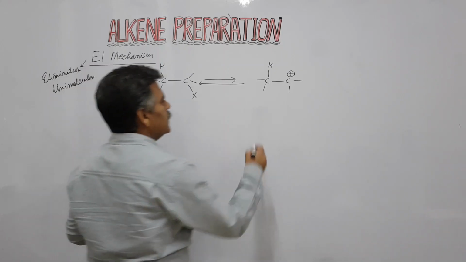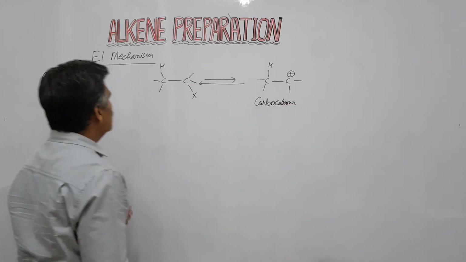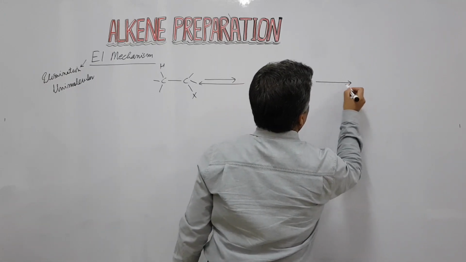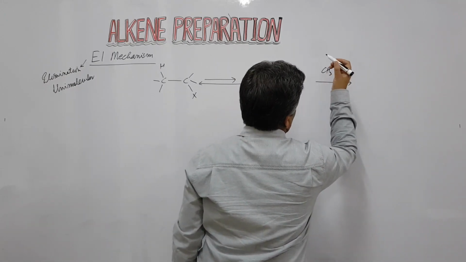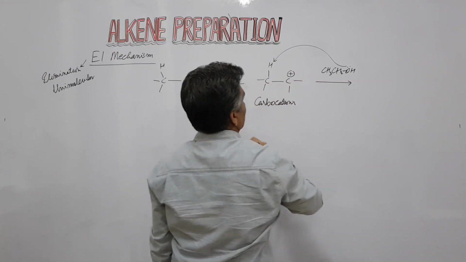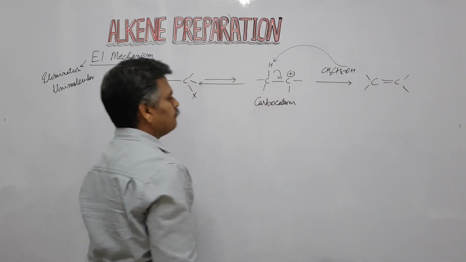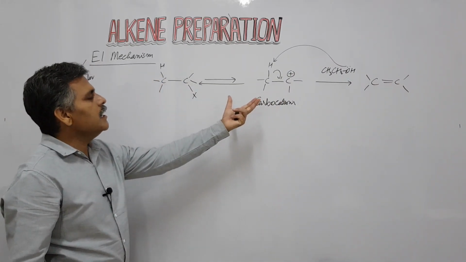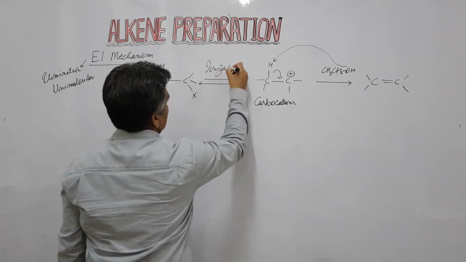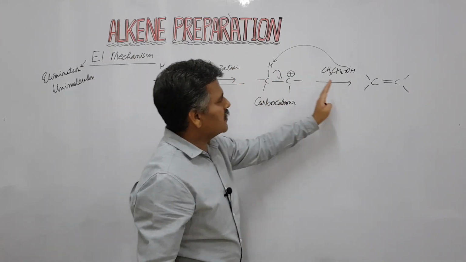So carbocation intermediates are formed in E1 mechanism, and then this is the second step, in which we usually use alcohol. It abstracts this hydrogen, resulting in the formation of a carbon-carbon double bond. In this reaction you can see we don't use any strong base. The first step is the ionization and formation of carbocation. It is a two-step process. This is first step and this is second step.